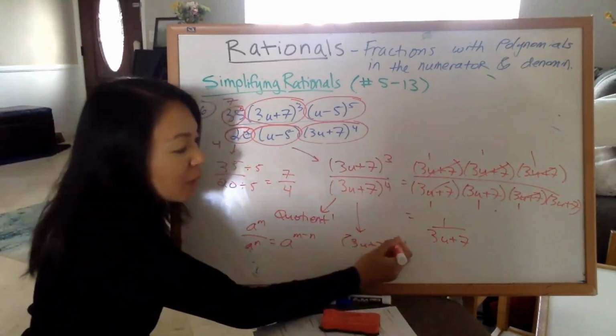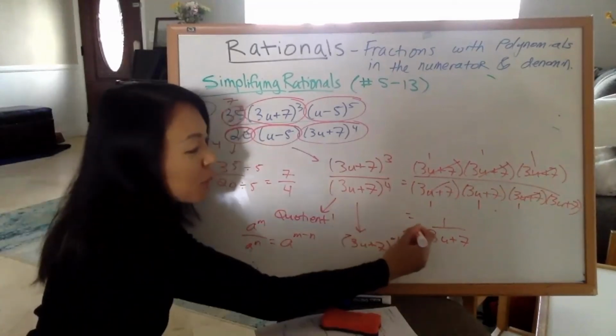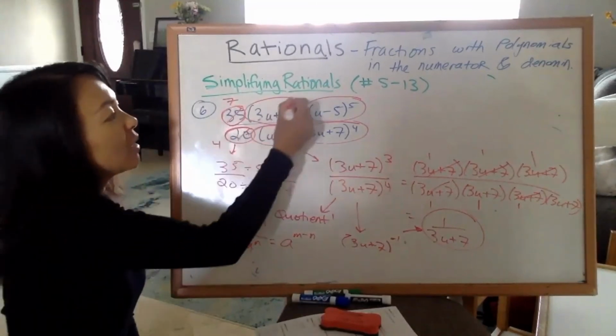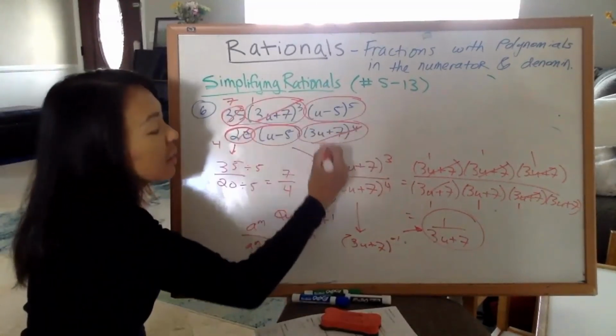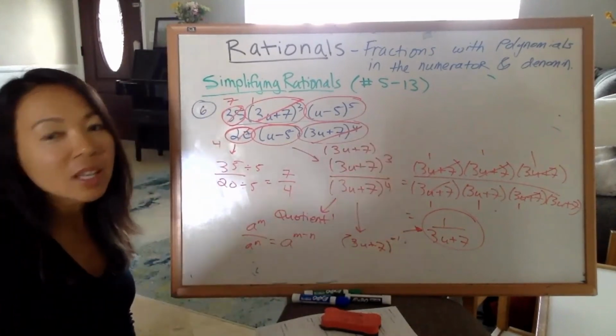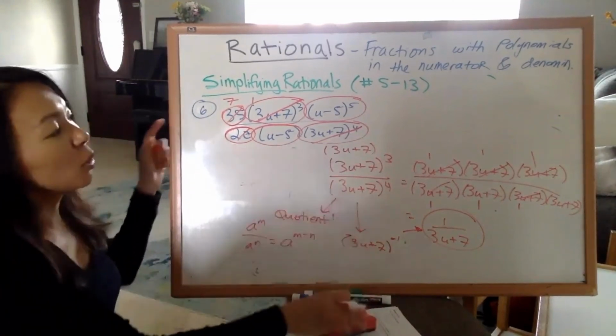Since it's a negative exponent, you bring this to the bottom of the fraction, which therefore becomes 1 over 3u plus 7 to the first power.